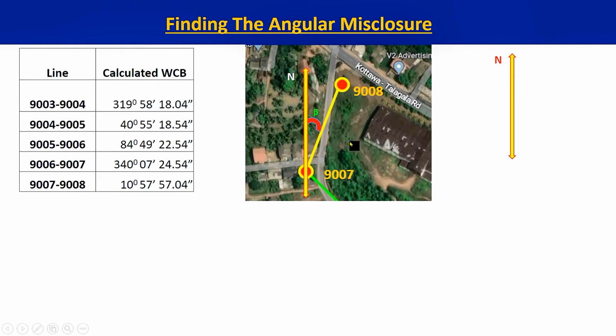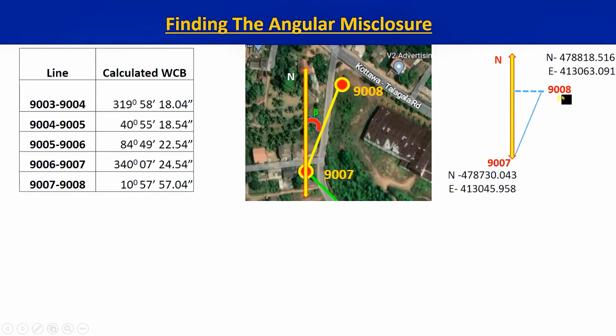For that we can mark the north like this and the angle beta like this. We can write down the coordinates of 9007 and 9008 near to the points as shown in this figure. And then we can calculate the delta E value, the difference of easting coordinates between 9007 and 9008, and delta N, the difference of northing between 9007 and 9008 control points.